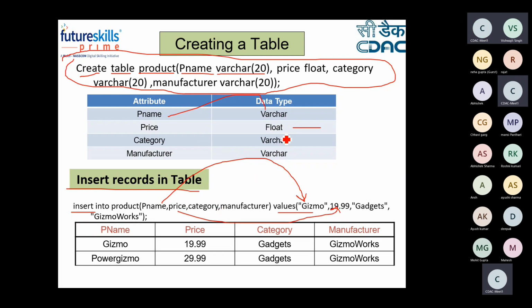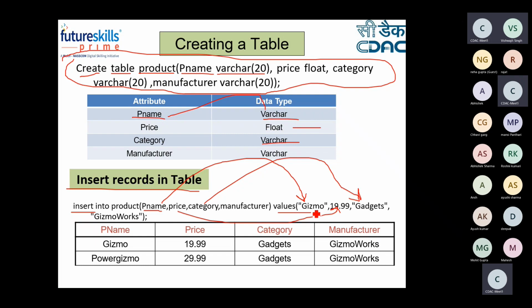Category is again in character form. This is the basic thing we use under a relational data model. When we input any record, it will ensure that the product name's data type is VARCHAR.